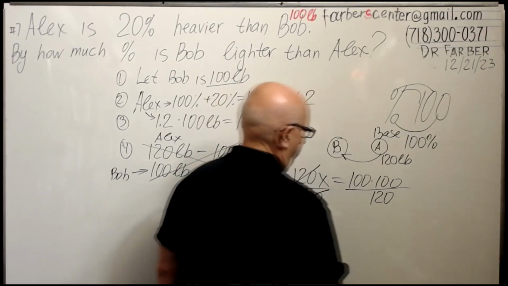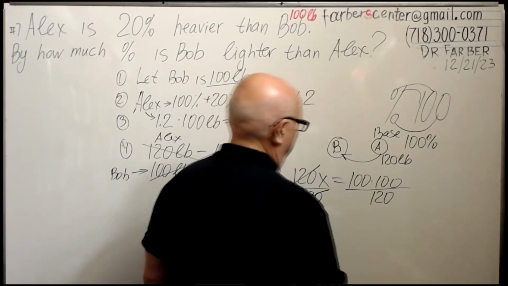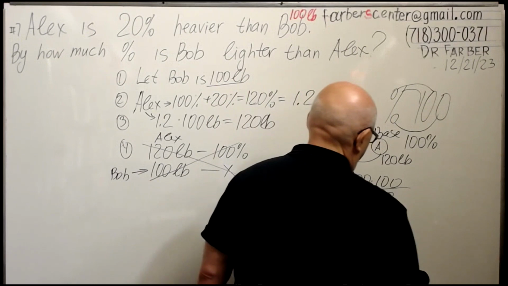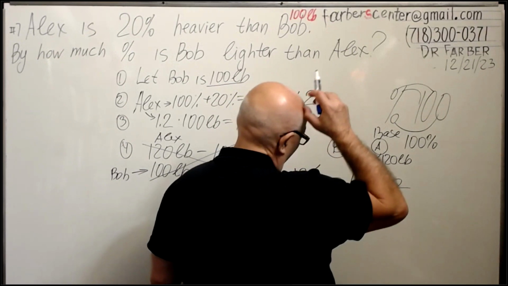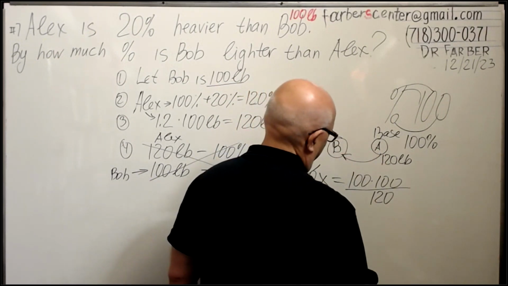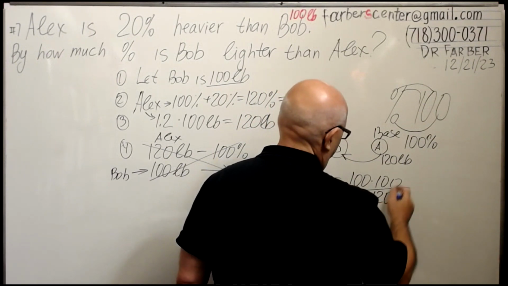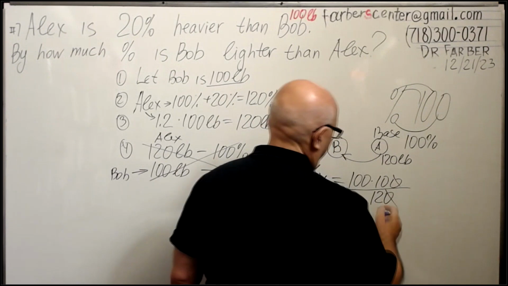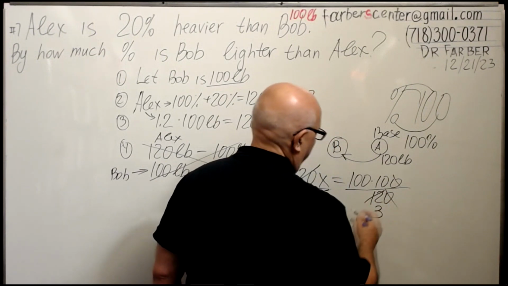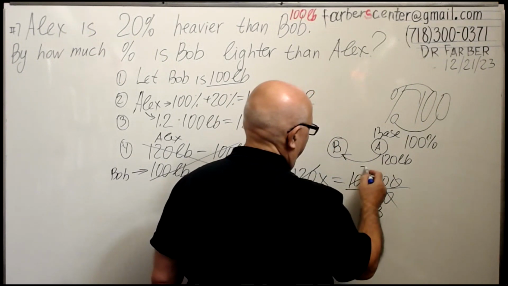Now, I can divide by what? I can divide by 4, let's say. Cross it out. Divide by 4, it will be 3. Divide by 4, it will be 25.